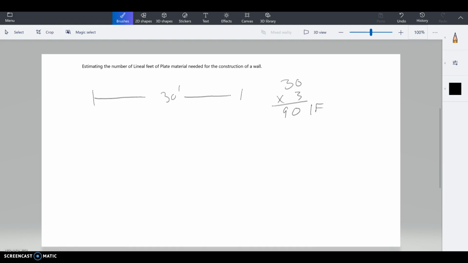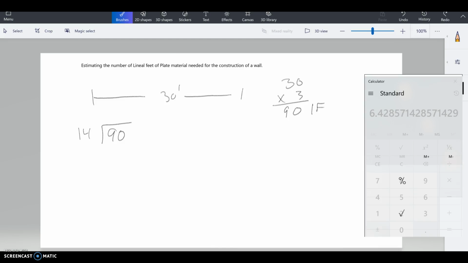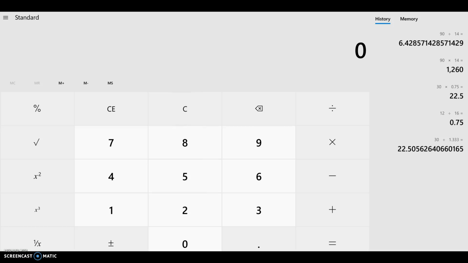So if I had 90 and I wanted to divide it by 14-foot pieces of stock, I need to figure out how many pieces of material are going to fit into that 90 lineal feet. So I'll get my calculator, and I'm going to get the 90 and divide it by the size of materials, 14 footers that I'm going to order.